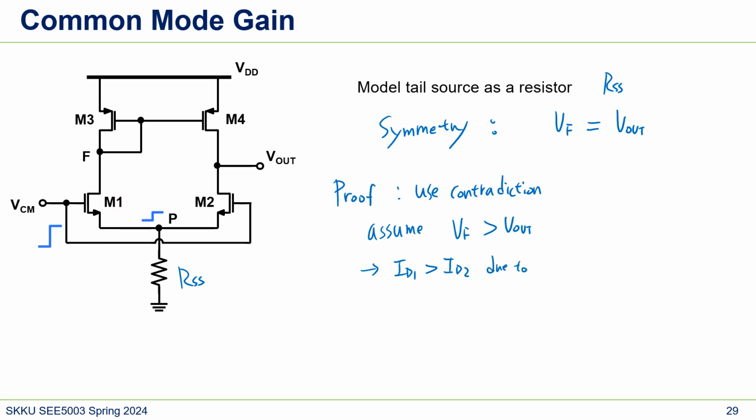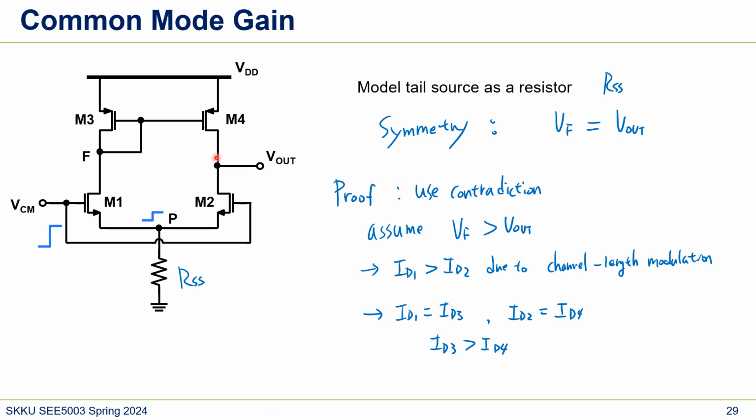But ID1 is ID3, and ID2 is ID4. So it means that ID3 is larger than ID4.